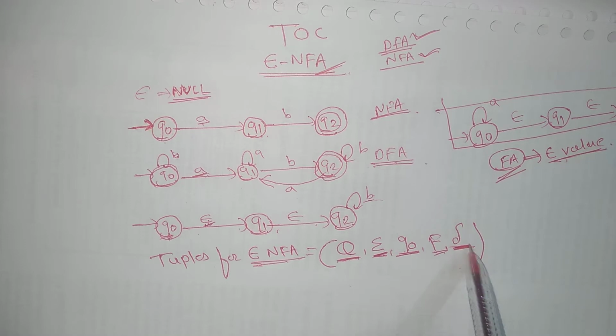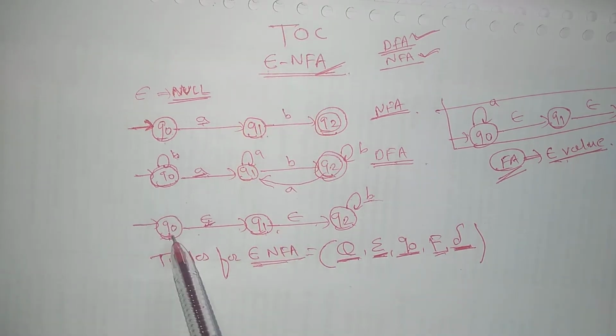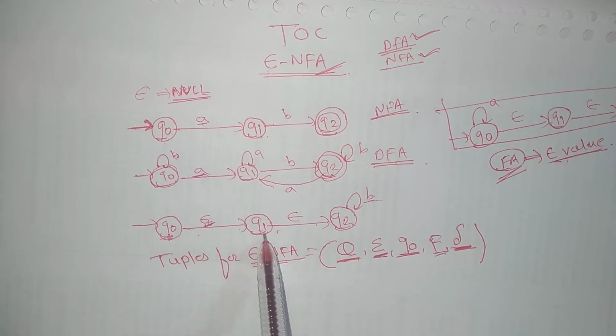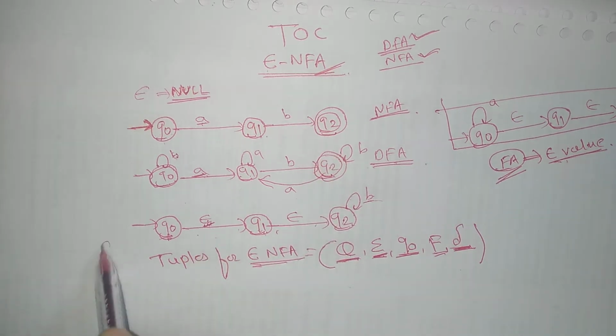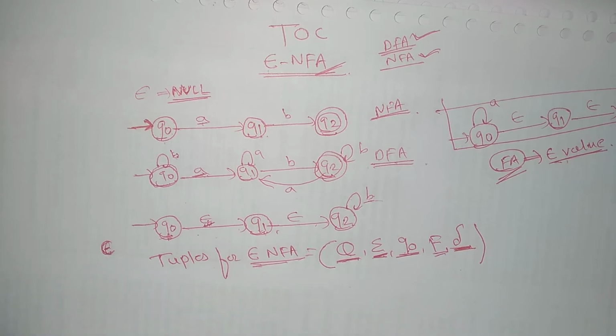So we have to remember what is epsilon NFA: a state will take epsilon as an input and go to some other state. Then it is an epsilon NFA. What is epsilon? Epsilon is considered as null value. That means there is no input symbol or input value there.